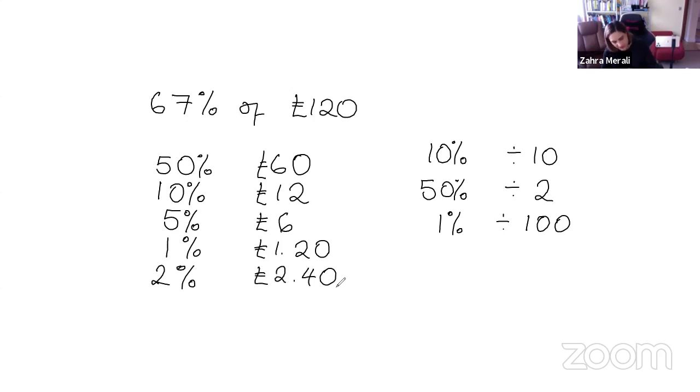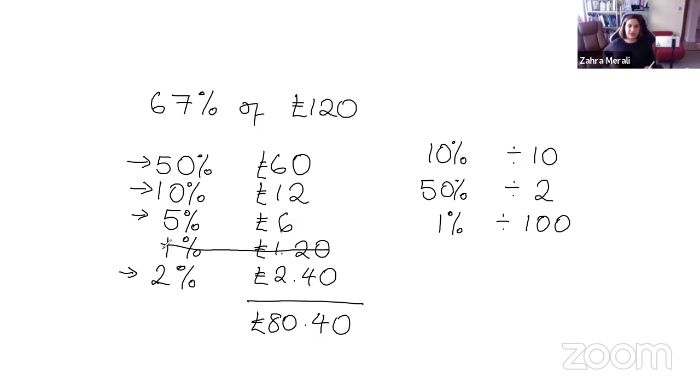So we want 67, so we're going to take 50 plus 10 to give us 60, plus 5 to give us 65, plus the 2 to give us 67. So we've got 72 plus 6 plus £2.40, which altogether gives us £80.40. And that would be 67% of 120 on a non-calculator where you're going step by step.